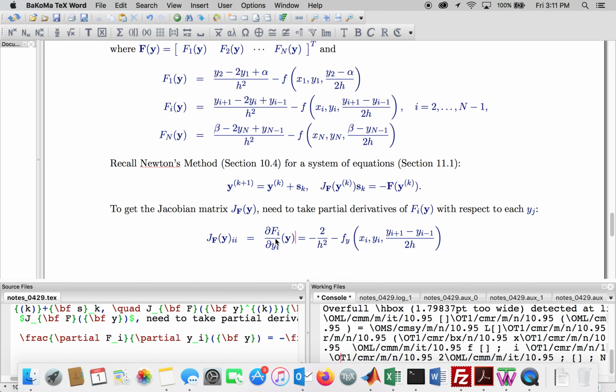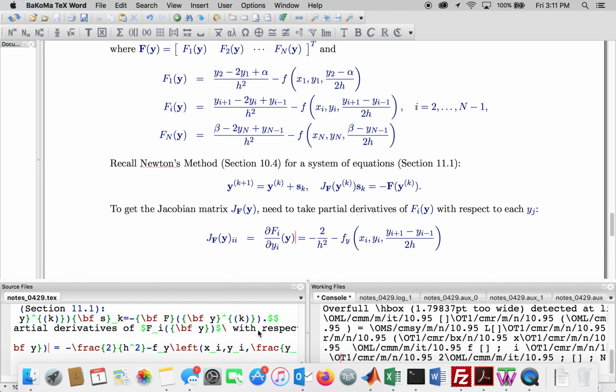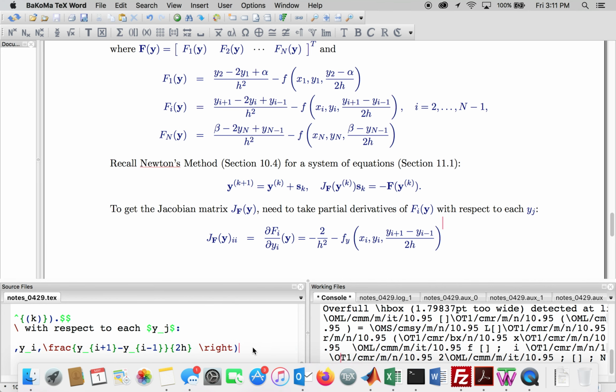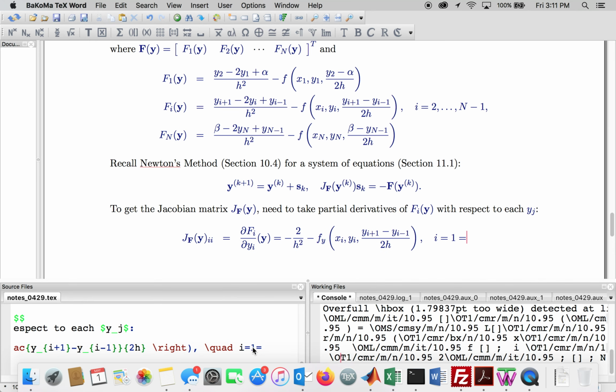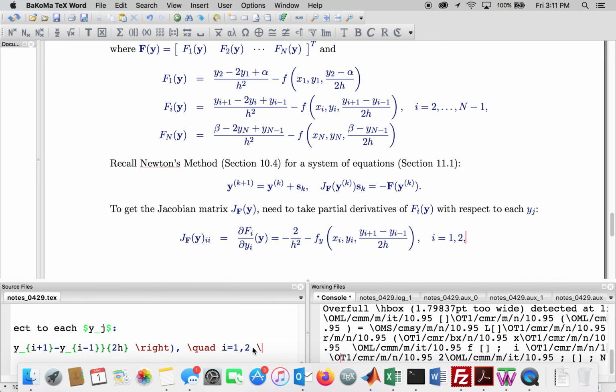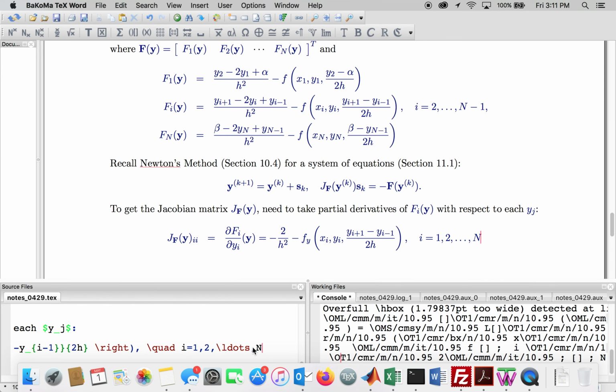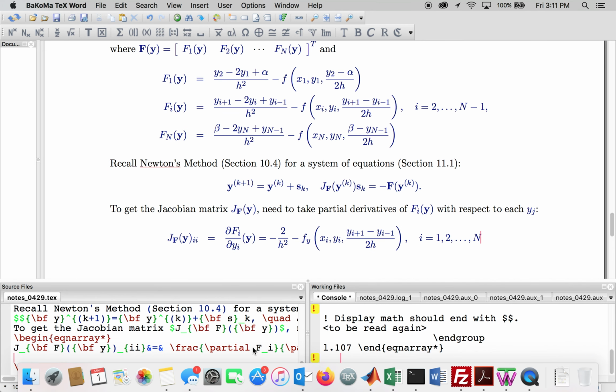I mention this because in the book, this f is lowercase, it's supposed to be uppercase. So it's correct here, it's a typo in the book. Okay. And this holds for all diagonal entries, 1 to n.